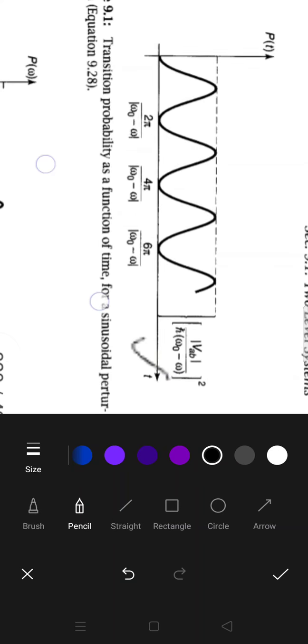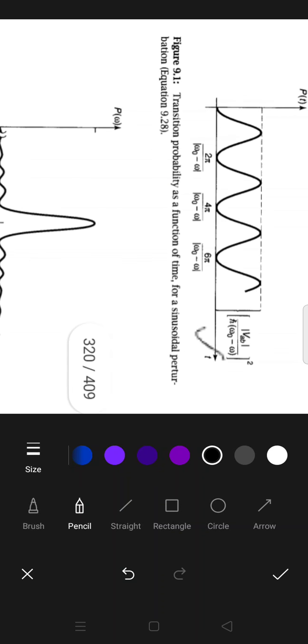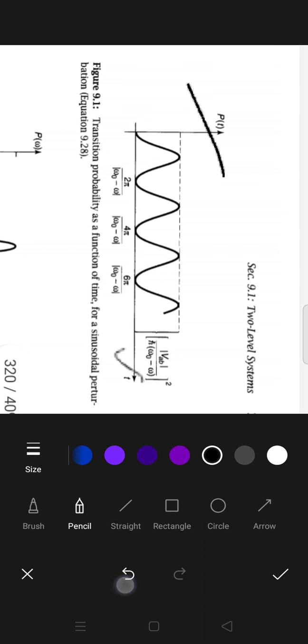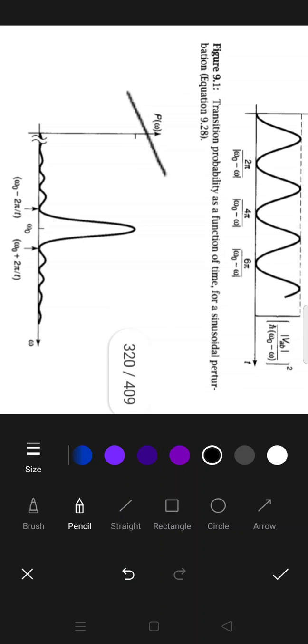If we do the Fourier transformation of this P of t, which is in the time domain, we'll get the frequency domain. The graph will be like this.